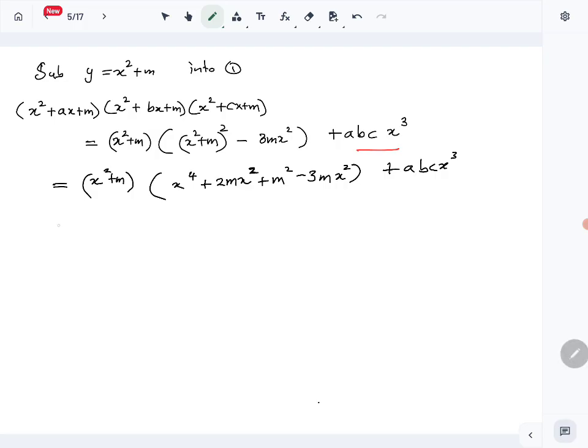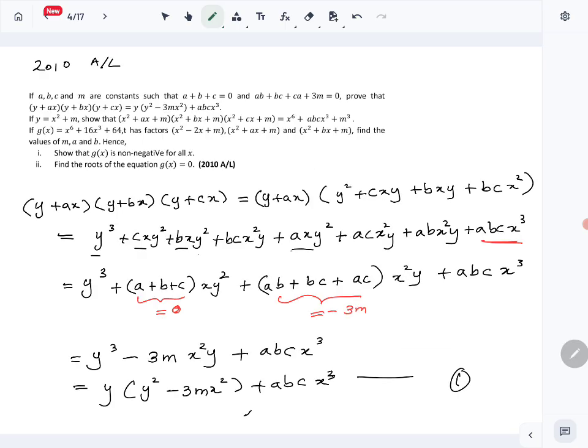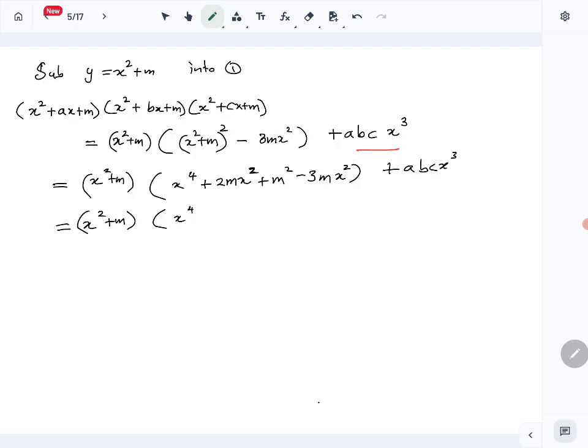We get x squared plus m, x to the 4, 2m x squared minus 3m x squared becomes minus m x squared, plus m squared plus abc x cube.